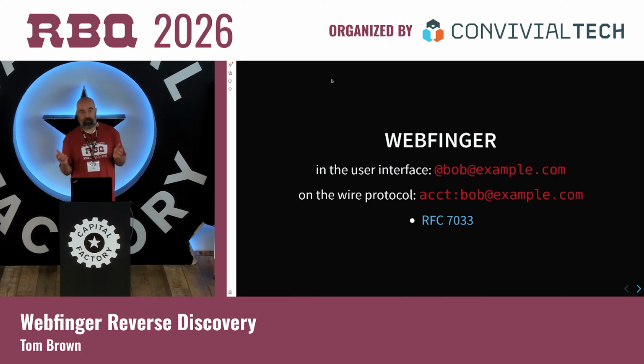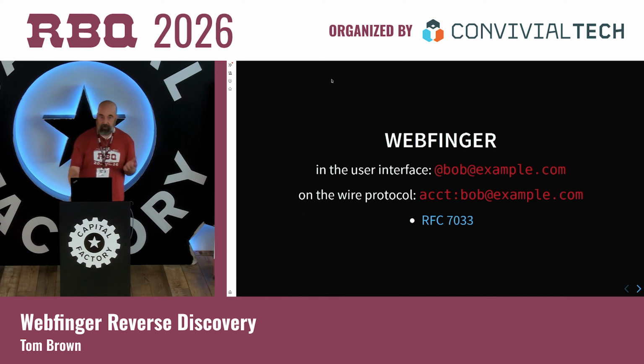What Webfinger does, it was originally standardized in RFC 7033, is protocol translation. It takes a URI with an account scheme and translates it to a URI with an HTTPS scheme so that one server can make a request and get a JSON response back.